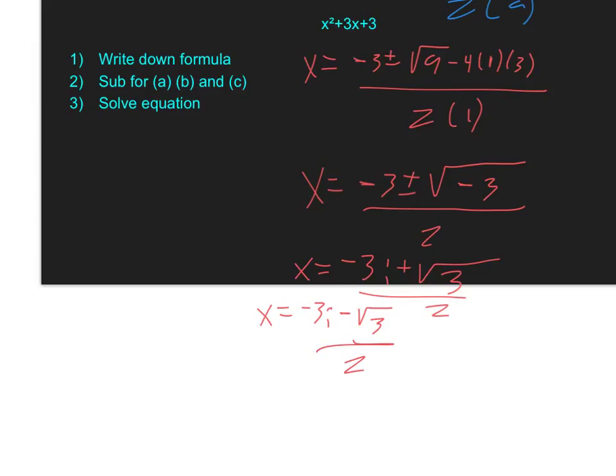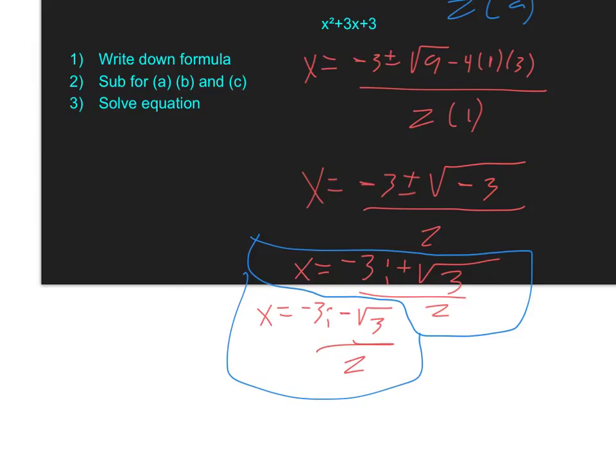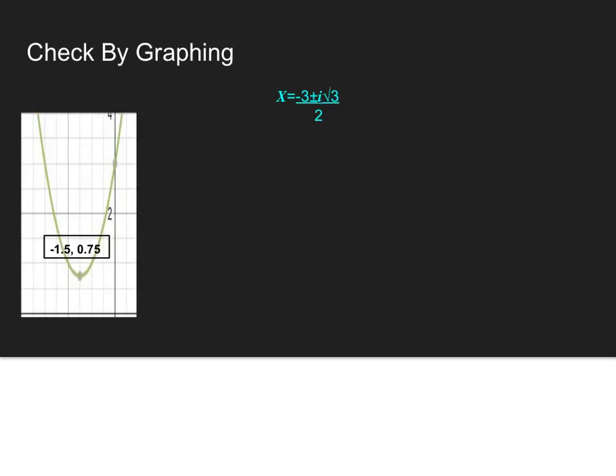And those are your answers right here. So your answers: x equals negative 3 plus or minus I times the square root of 3 over 2.